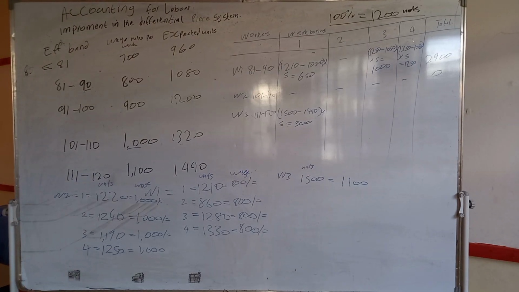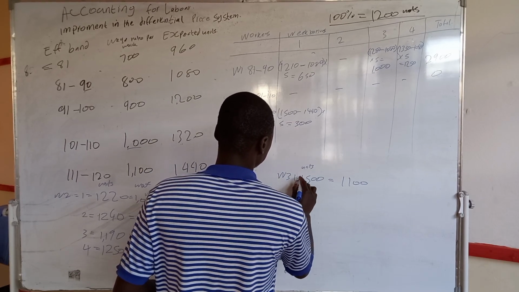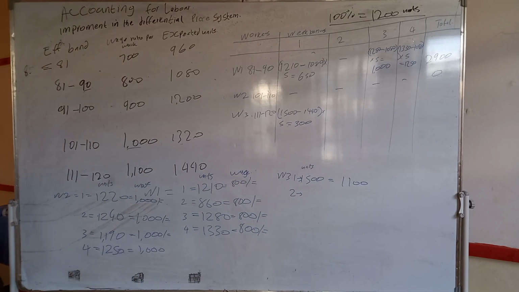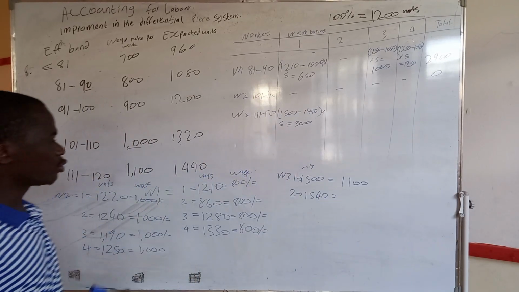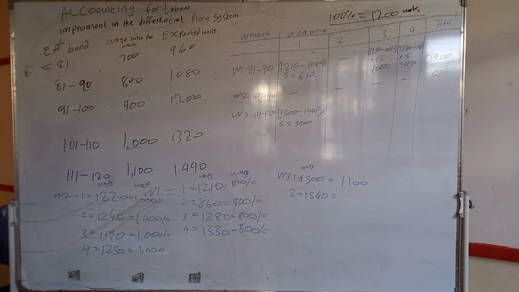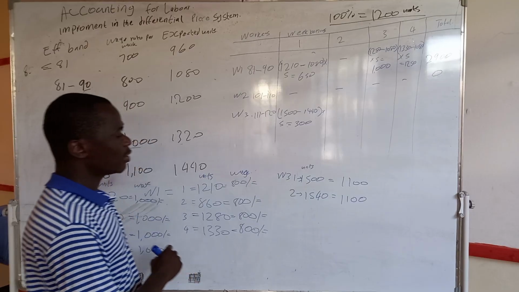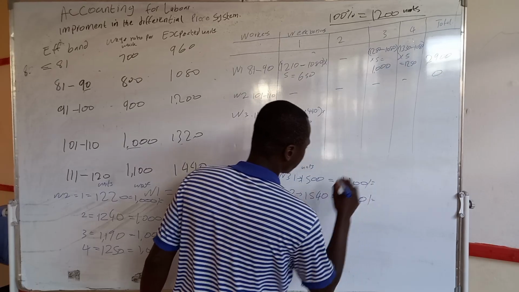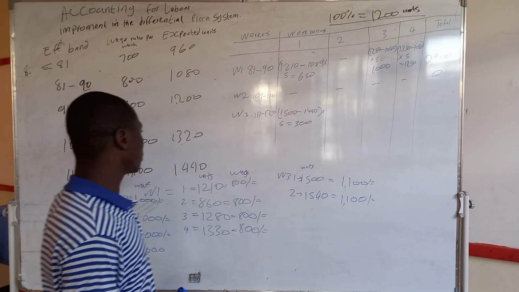Week 2, he produced 1,540. Okay? And the fixed wage remains 1,100 shillings. Units produced 1,540.